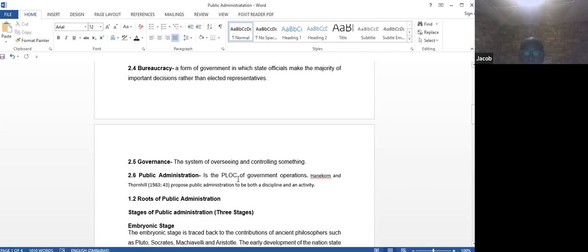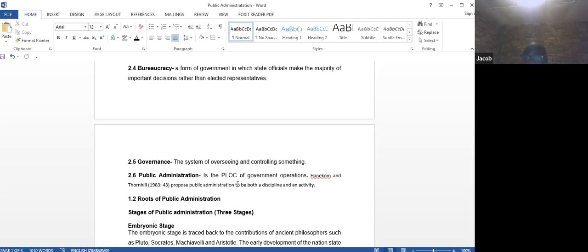So it's the planning, leading, organizing, and controlling of government operations. That's what public administration is all about. You can also check other textbooks for what they mean by public administration. This is just a brief explanation of some of the important terms that we shall be encountering in this topic as we go down.